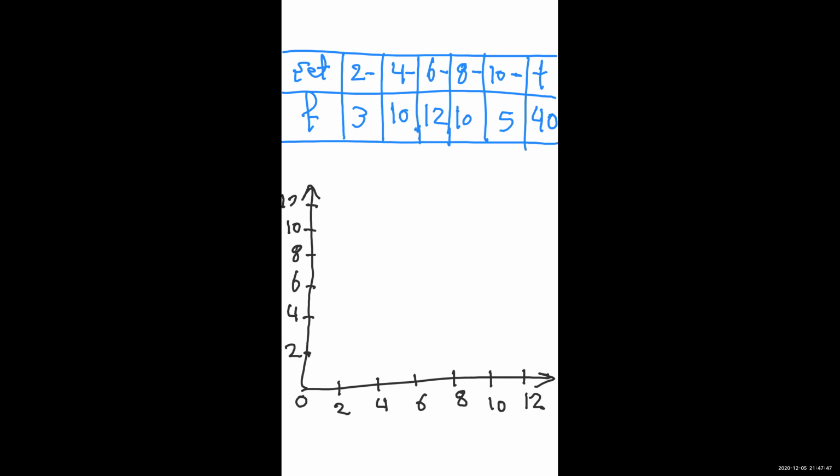Okay. The first one, guys, I'm going to draw the first rectangle, which is at the set of 2 and 3. So this one, the set of 2 till point 3. So this point is 3.